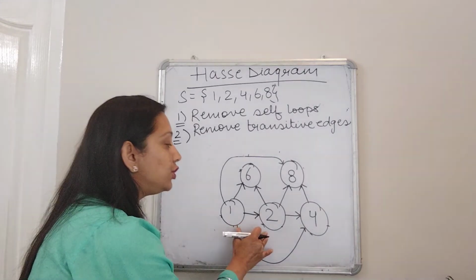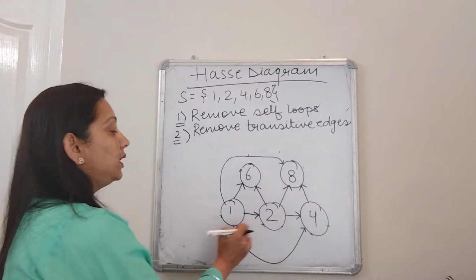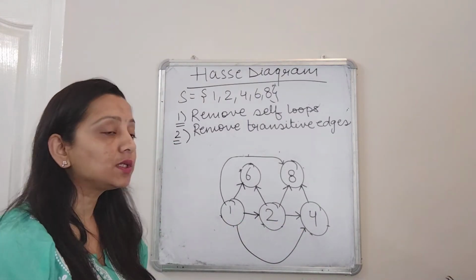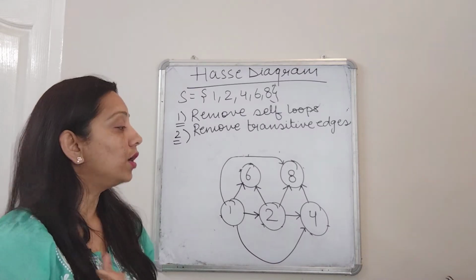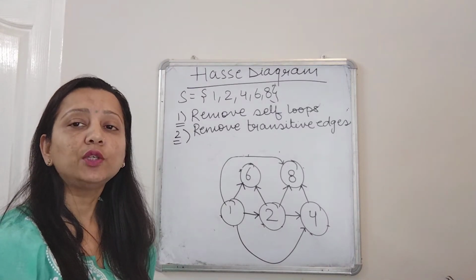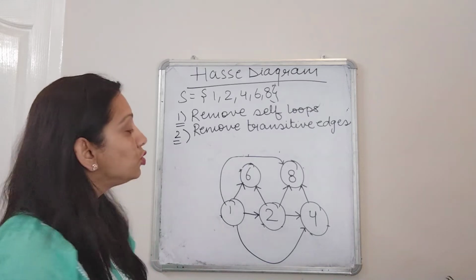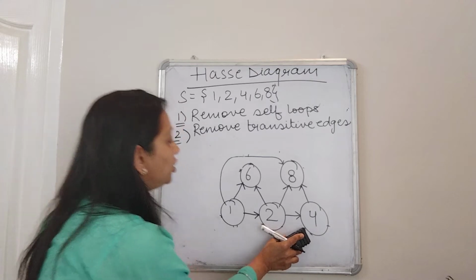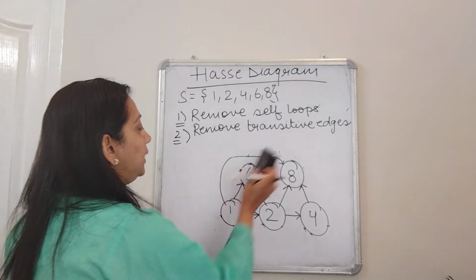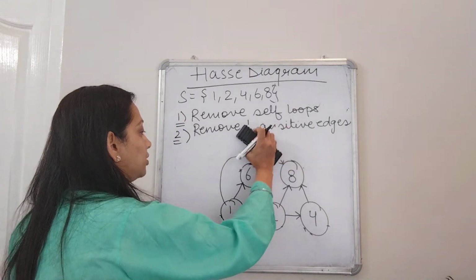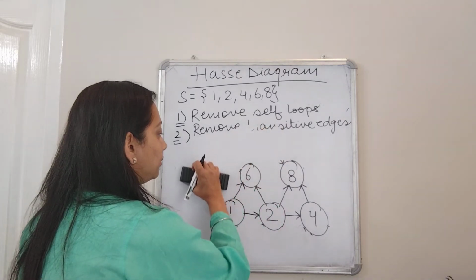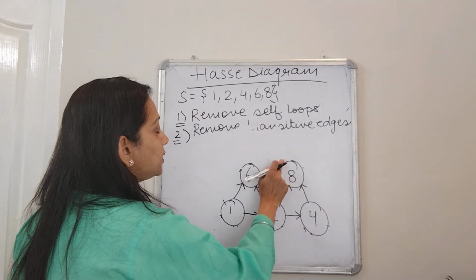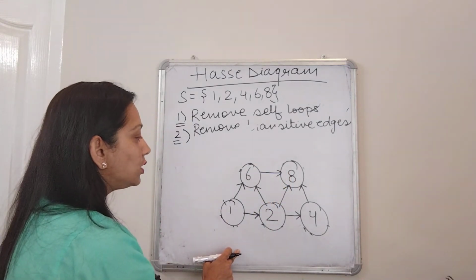Because if 1 divides 2 and 2 divides 4, then 1 will divide 4 also. So for a poset or a partially ordered relation, it is quite obvious that it will be transitive also. So again, I do not need to specifically show the transitive edges. So I will remove all the transitive edges. If 1 divides 6 and 6 divides 8, it is quite obvious that 1 divides 8 also, right?